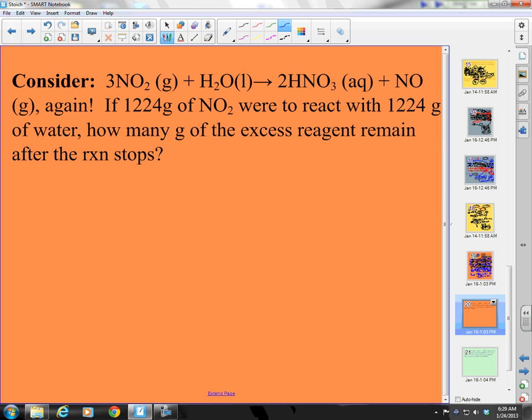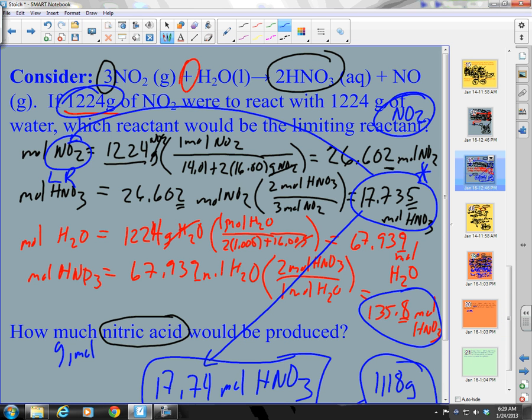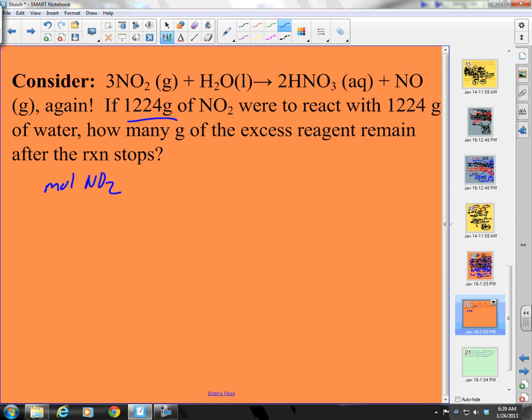Well, we've already done this calculation before, at least part of it. So let's go back and we'll steal some information. How many moles of NO2 does this equal? Well, if we go back to our previous, where's my moles of NO2? I have 26.602. So this is 26.602 moles of NO2.